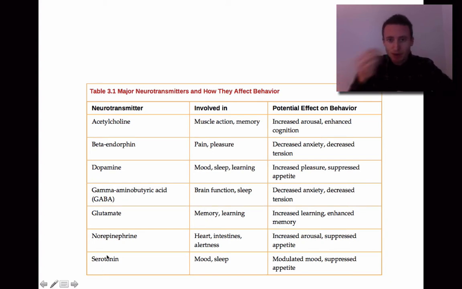And when people take Prozac, what's interesting is it doesn't give you more serotonin. What happens is it prevents serotonin from being reabsorbed, or it stops the process of reuptake. So SSRI, again, stands for selective serotonin reuptake inhibitor.